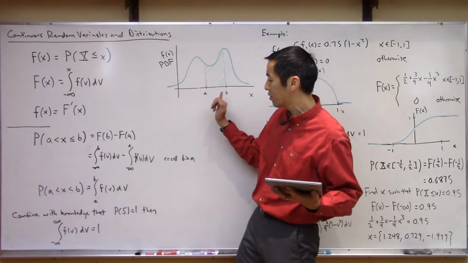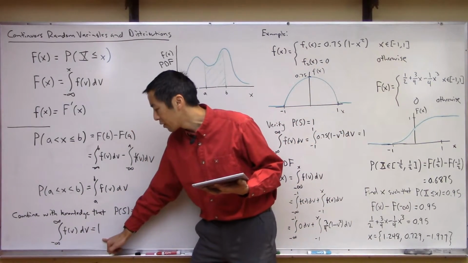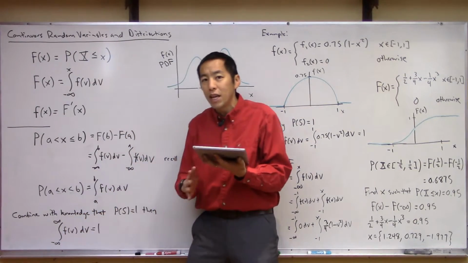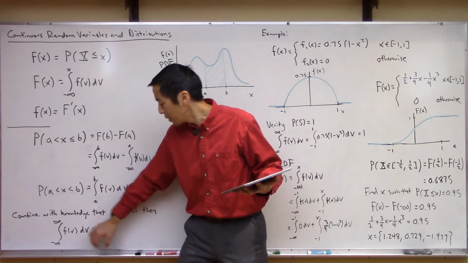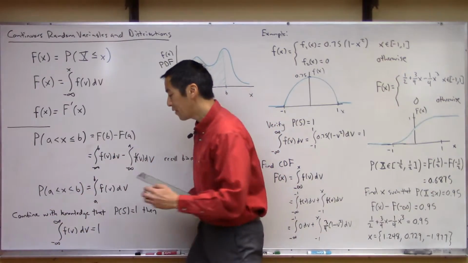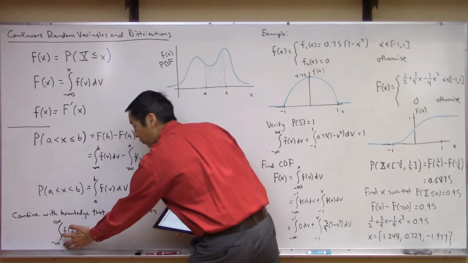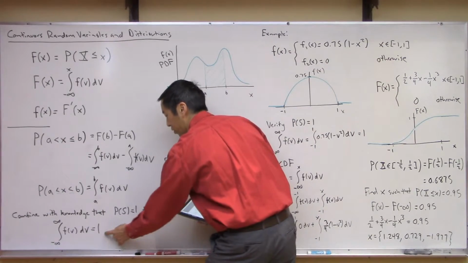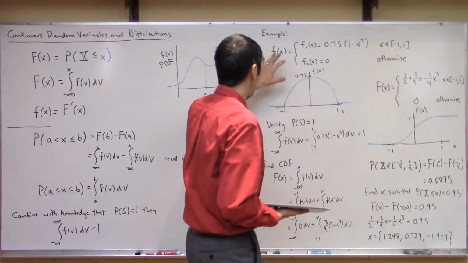You combine that with this discussion we just had about the integral, and you see that the property that falls out is that when you integrate the PDF from negative infinity to positive infinity, meaning the entire possible sample space, this has to be 1, because what the thing on the left is saying is the probability that you fall into some interval. The interval is the entire possible space. So that has to be 1, to make this true.